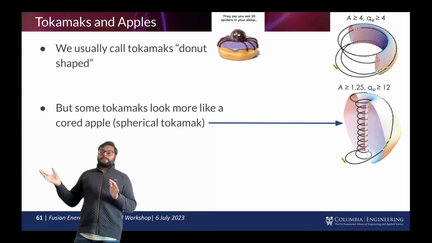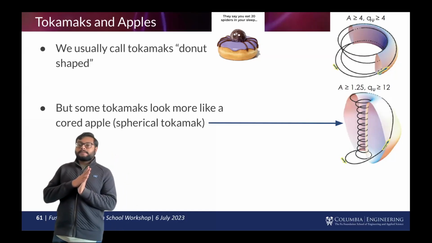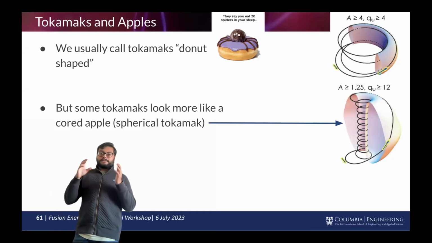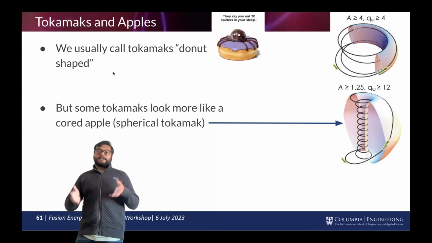There's a device down in Princeton, NSTX, that's essentially a more compact device with this compact vacuum region, and what essentially looks like the core of an apple in the center, which has your magnetic field coils.